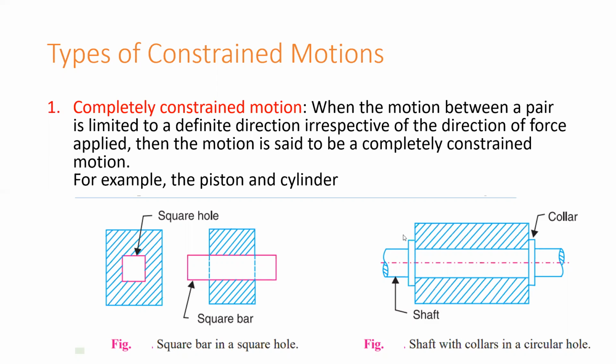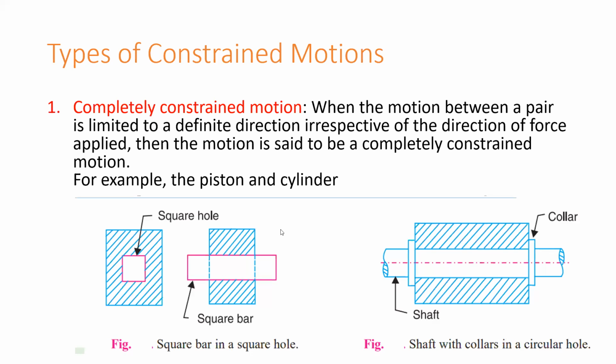This collar is a mechanical element which is preventing the other motion. Similarly, it is designed in its shape mechanically so that only sliding is taking place. Rotating and sliding in other axes is simply not possible.